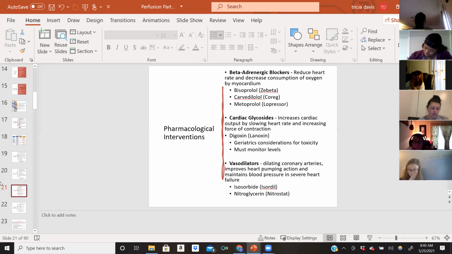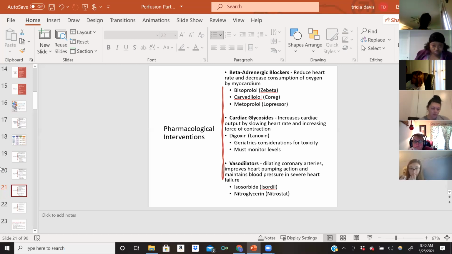It's very common that with all medications, they are at risk of suffering toxicities. And digoxin is one of those medicines. The medicine can build up in their system and cause toxic levels. So it's extremely important that we monitor these digoxin, Lanoxin levels with our patients. So you guys should be marking that down. You're going to see that again on your exam.